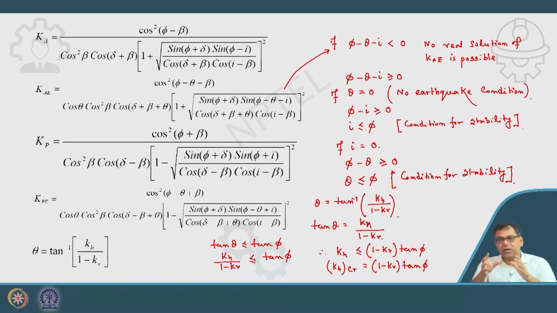So for the condition for stability, your kh value must be less than or equal to kh critical. Clear? Now if your kv value is 0, then your kh critical will be simply tan phi. You should remember this before starting any analysis.